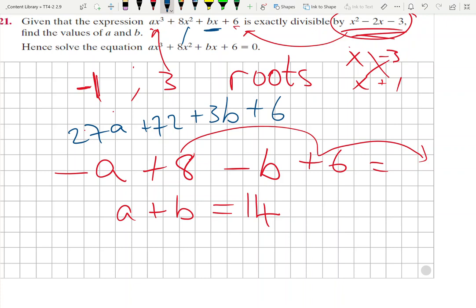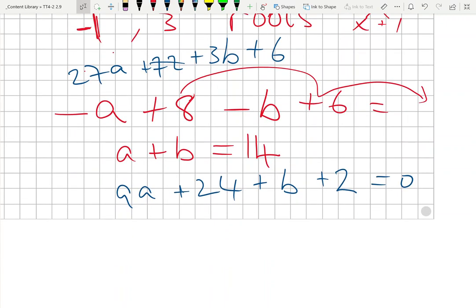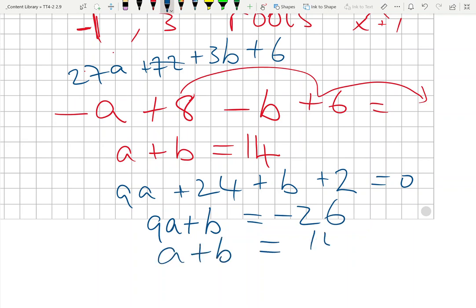So I just divide across by 3 before I do anything else. So I have 9a plus b equals -26, and I have a plus b equals 14.